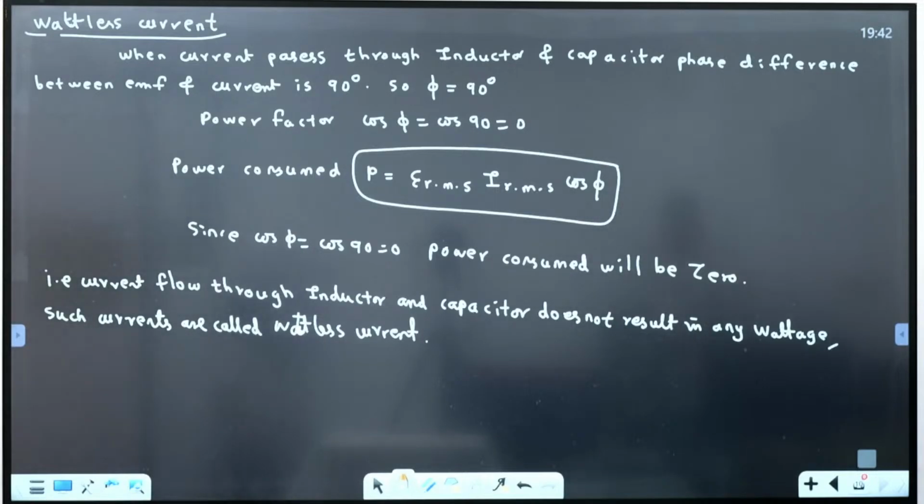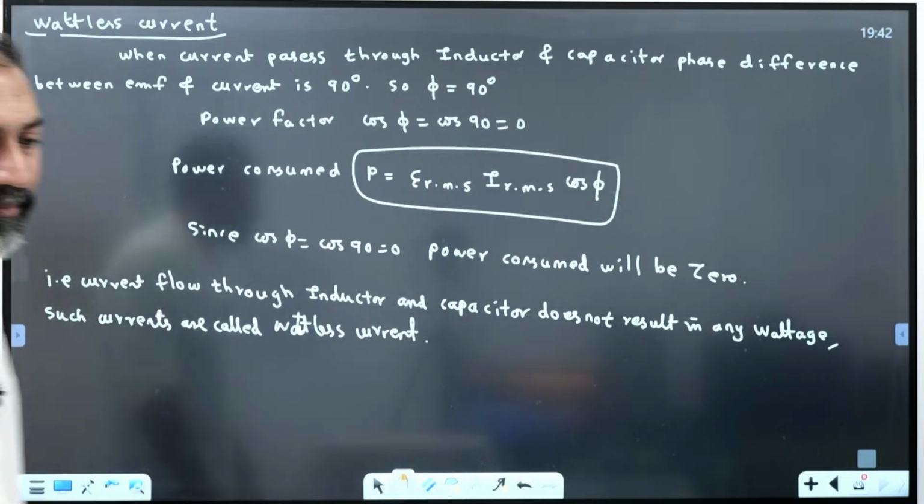Any doubt? Note the wattless current, very important.